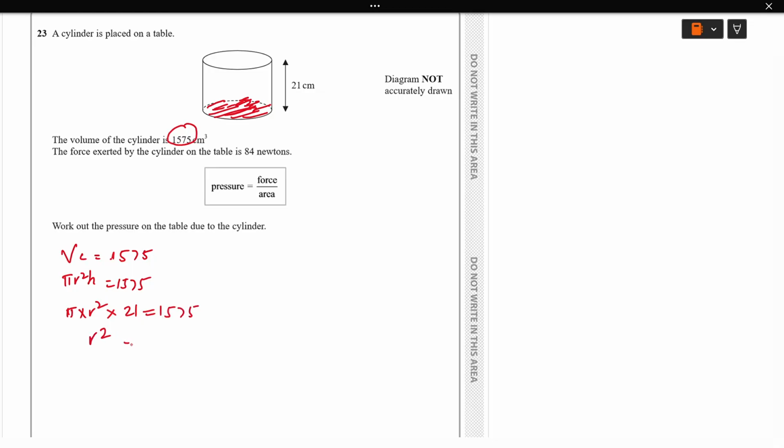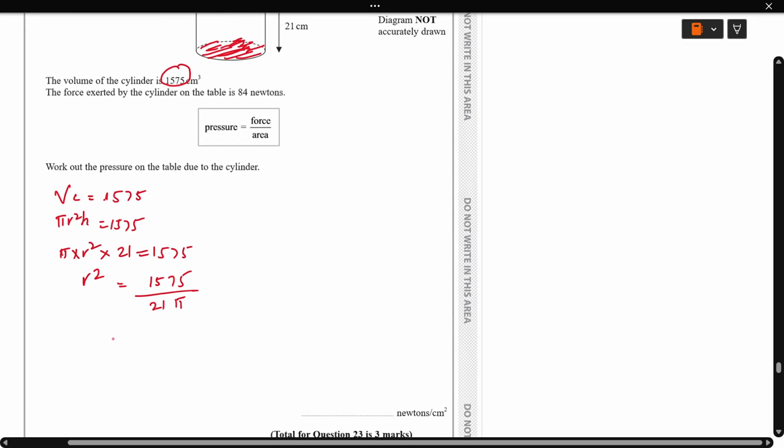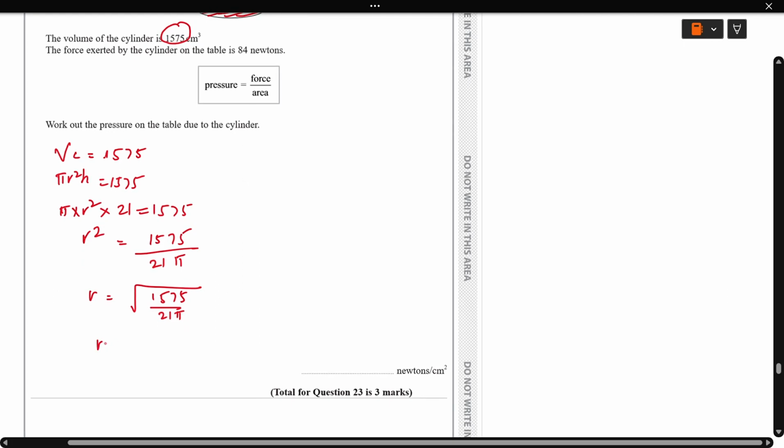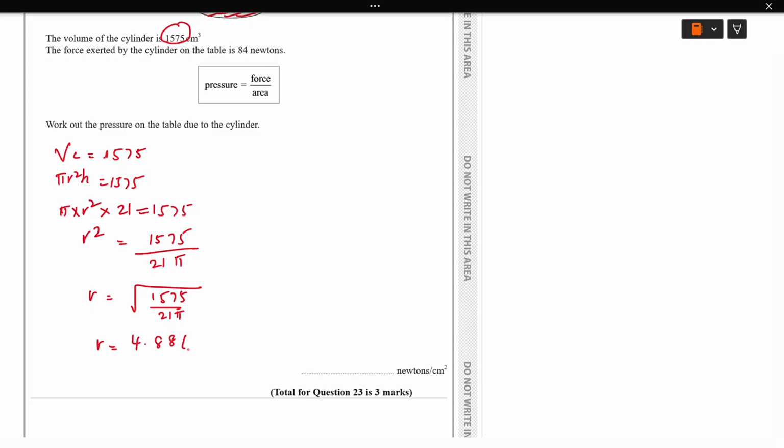So r square equals 1575 divided by 21 pi. When I remove the square, the right side becomes a square root. So r equals the square root of 1575 divided by 21 pi. With a calculator you get r equal to 4.886025. When I round it, I can write this as 4.9.